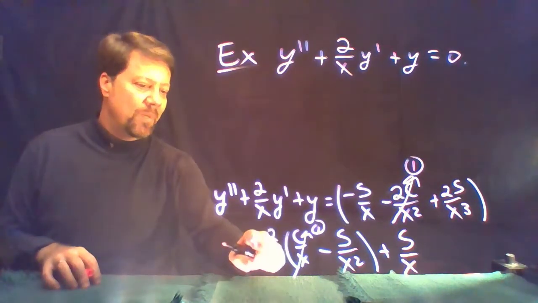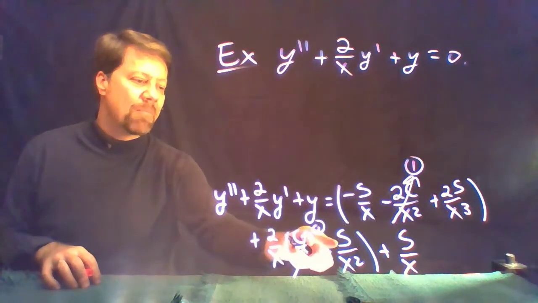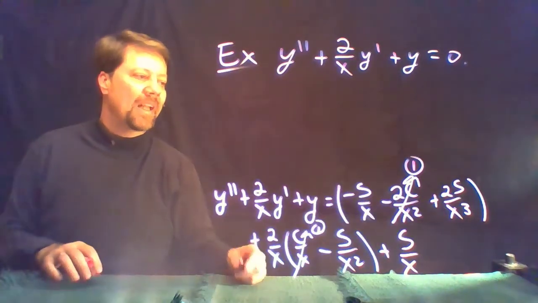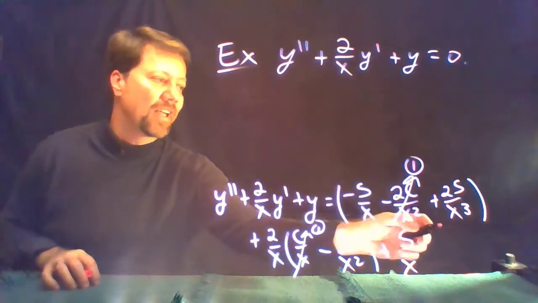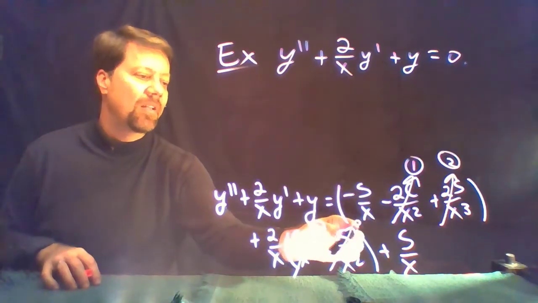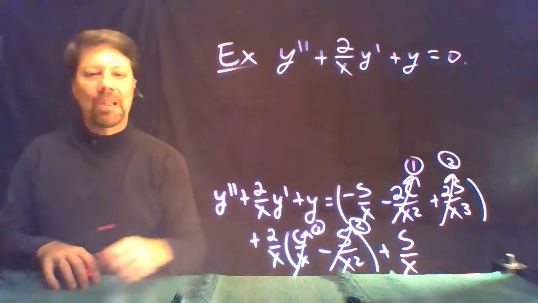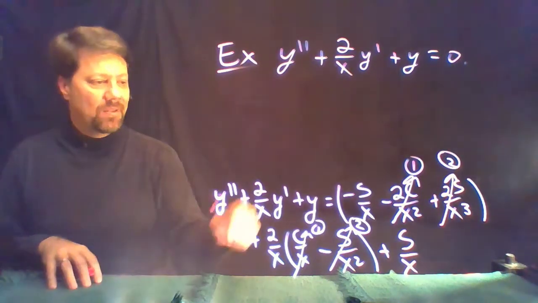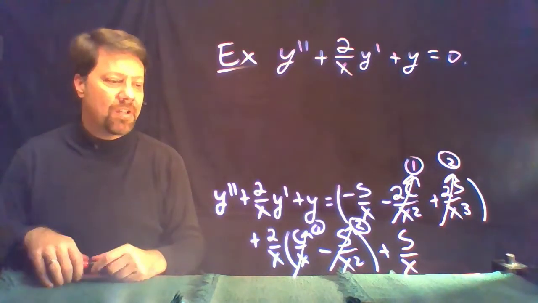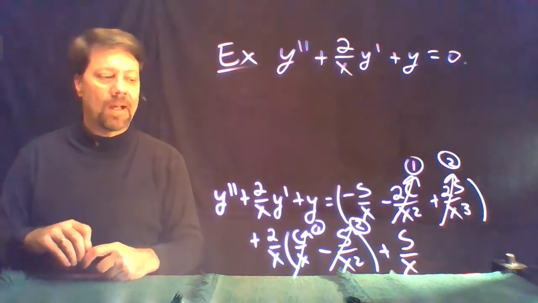Similarly, when we distribute the 2 over x here, we get a minus 2 sine over x cubed. Here we get a positive 2 sine over x cubed, and so this term exactly cancels this term. Note that I'm labeling the terms that cancel with each other by these numbers. That way you can look back in your notes and remember what cancels with what.